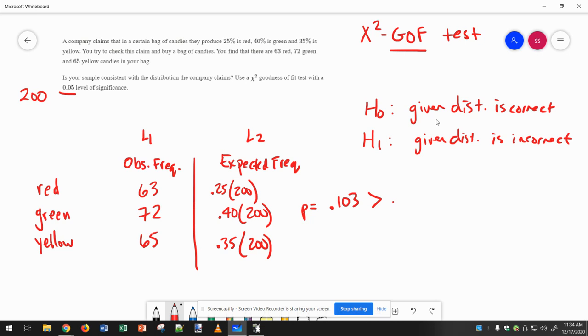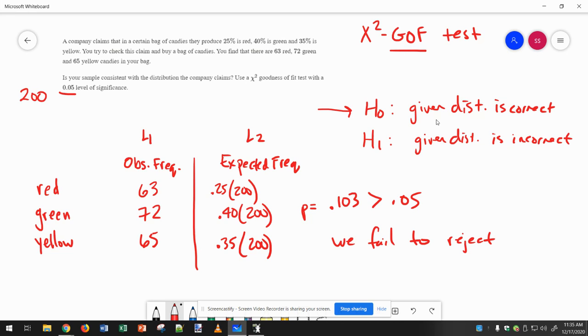So since this is greater than 0.05, we fail to reject. So we're basically accepting the null hypothesis that the given distribution is correct. There's no significant difference between observed and expected frequencies.